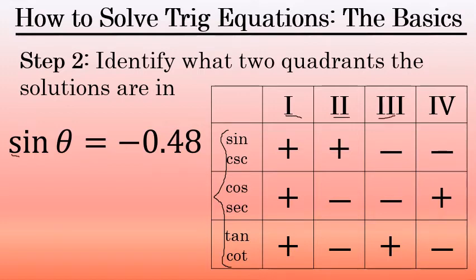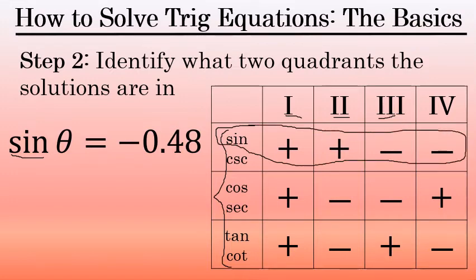Here, our trig function is sine, so we'll be focusing on the top row of this table. And we have the sine of theta equals negative 0.48. The sine of theta is negative only in the third and fourth quadrant. This table indicates that the sine function is negative in the third and fourth quadrant.